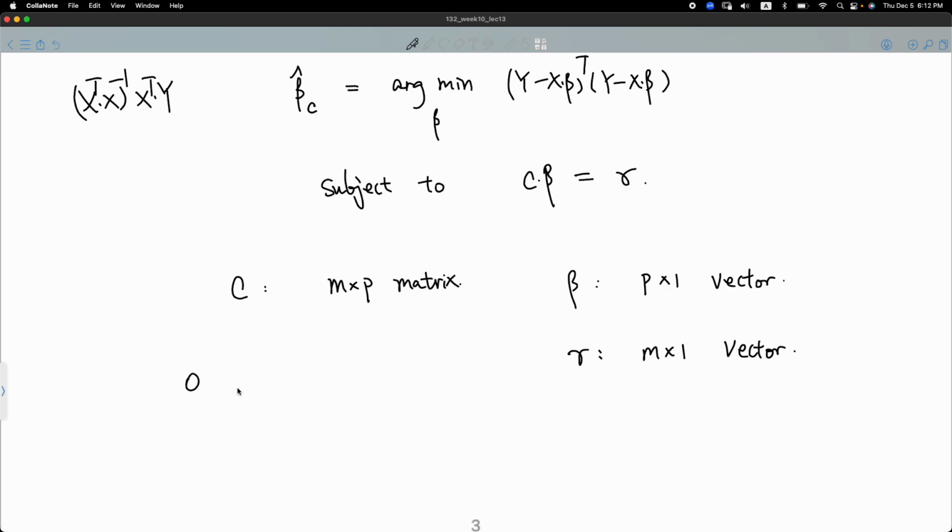So you can have something like 0, 0, 1, 0, 2, 0, and then 4, maybe -1, and then 0, 0. Suppose this is your matrix C, and you have a 6-dimensional coefficient.